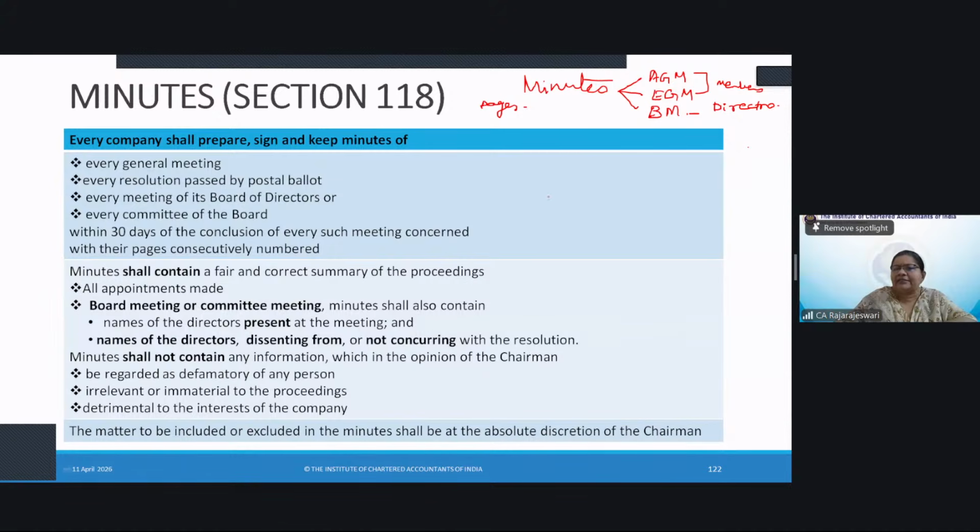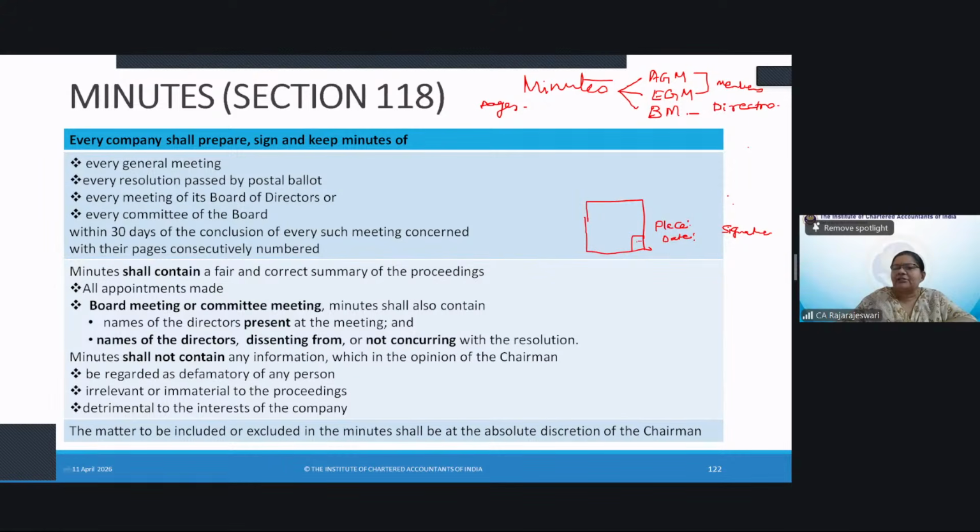The main thing is that minutes should be signed, right? So if there is a page, suppose this is the paper, on every page there is a space provided for signing the initial, and in the last page you should have to write the date, place and the signature by the chairman of the meeting.